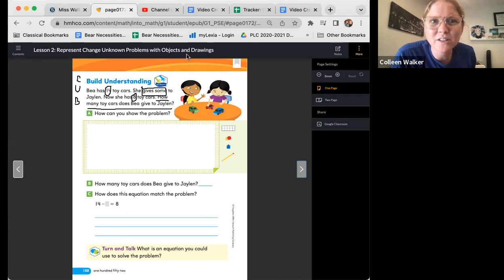All right, boys and girls, I think some of you were talking about this idea. We can draw 14 circles to represent all of her toy cars. And then we can put a circle around 8 of them. And however many are left, that's going to represent the ones she gave to Jalen.